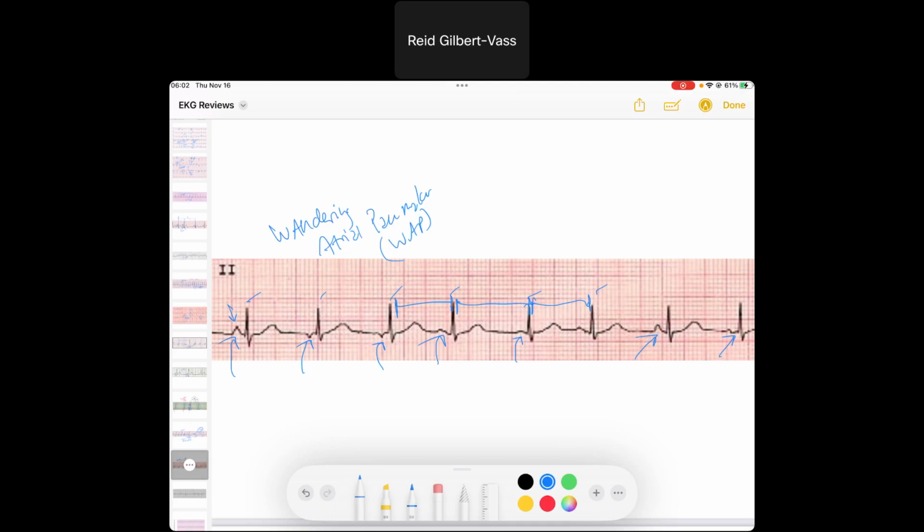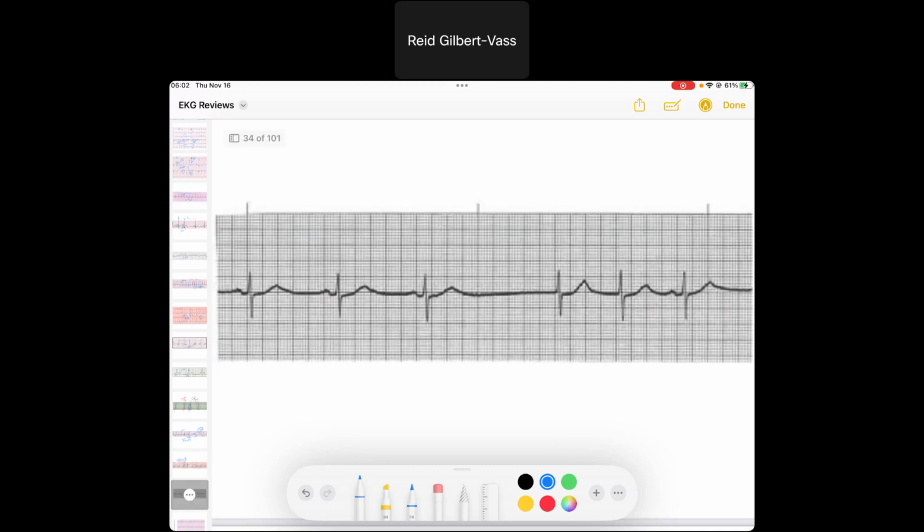And that would make sense because the QRSs look the exact same. So the AV node is conducting signal in the same fashion every single time. But the beats aren't going to come with the exact same regularity because these wandering atrial pacemakers don't really care. They're just going to beat whenever they're ready. And so this is wandering atrial pacemaker.